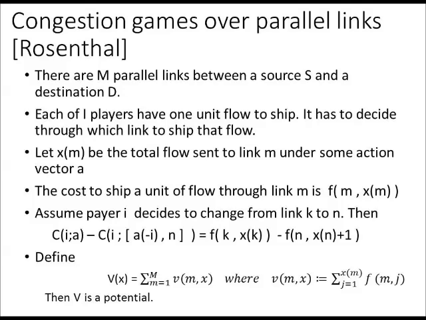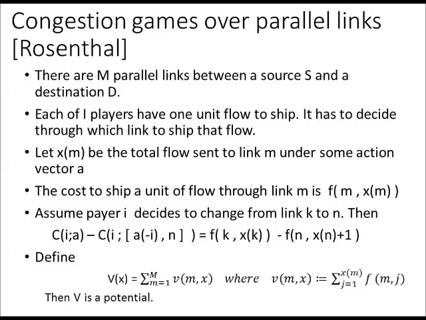The difference between the costs for player i before and after deviation is given by the first equation in these slides. It is the difference of two terms. The first corresponds to the cost before the deviation, and the second to the one after deviation. This game turns out to be a potential game, where the potential is given in the last equation in this slide.